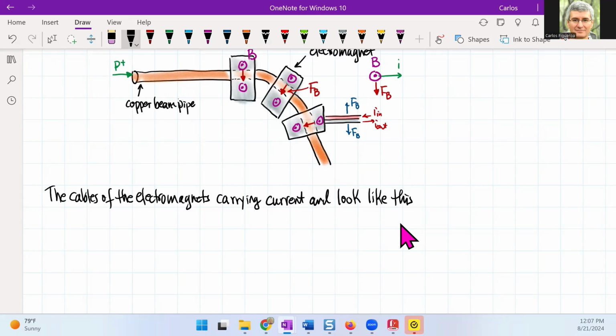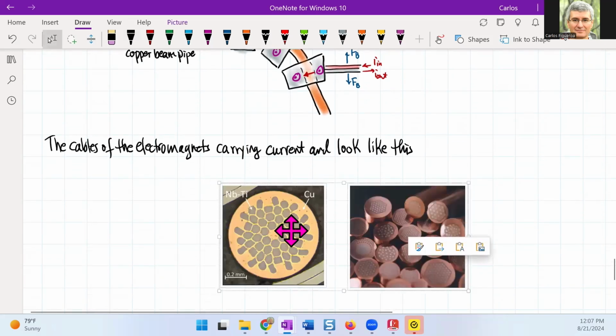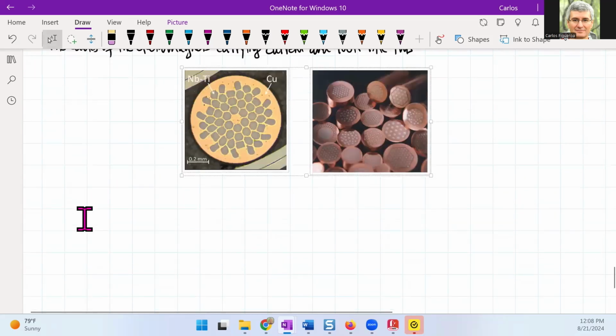By the way, I should be careful and say that this is the old cabling, but they look something like that. So there's a combination, and you can see here that they have a combination of many wires made up of three elements here. And this is all superconducting material here. So if you're looking at this cable, here's what you find.